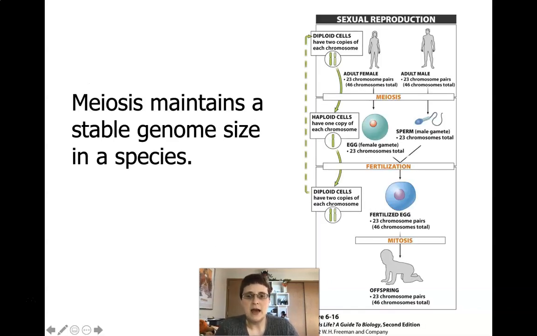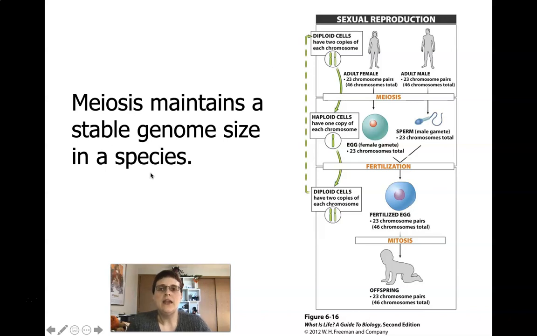So why does this matter? Well, the thing is that we use meiosis to make sure that our genome size stays stable. And this is whether it's humans or fruit flies or corn, doesn't matter. Anything that uses sexual reproduction is going to be using meiosis to keep their genome the same size. Okay, so let's take a look at what we've got here.